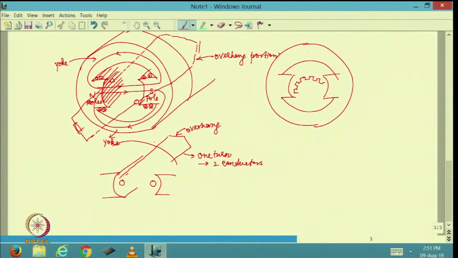You can imagine this is what is the rotor stamping. So, several stampings together are going to be stuck together ultimately to make the rotor. So, if there is one conductor here, exactly opposite I will have one more conductor here. So, let me consider only two conductors here. Now, the rotor will have a shaft in the middle, and this is going to be rotated with the help of a prime mover.